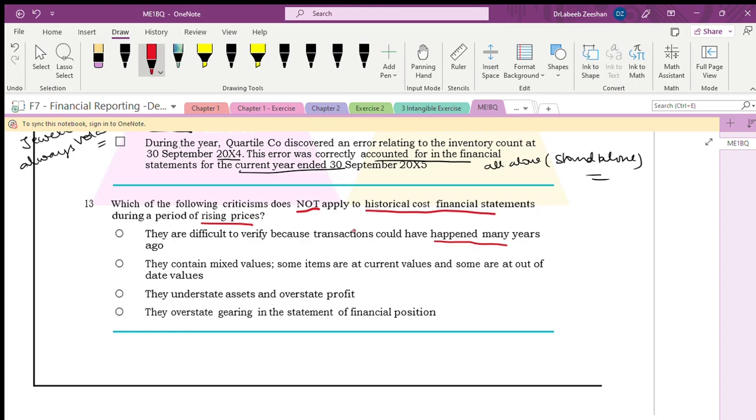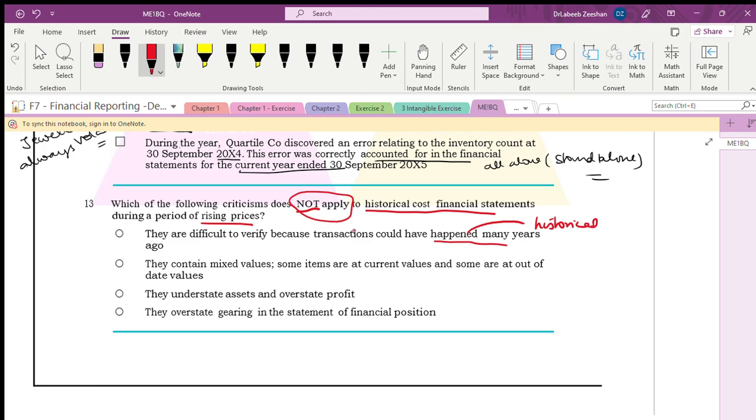Is it? When we are saying it does not apply, they are difficult to verify because transactions could happen many years ago. It is historical. Is it right?